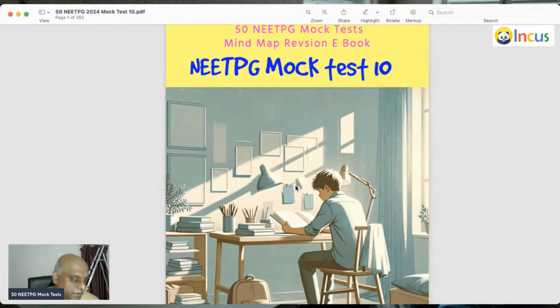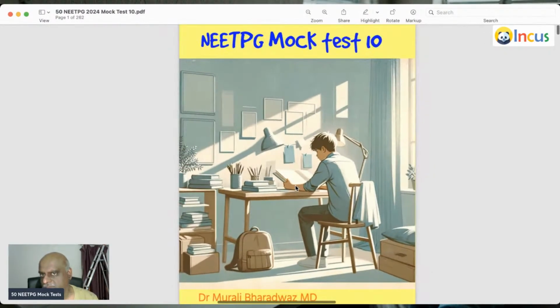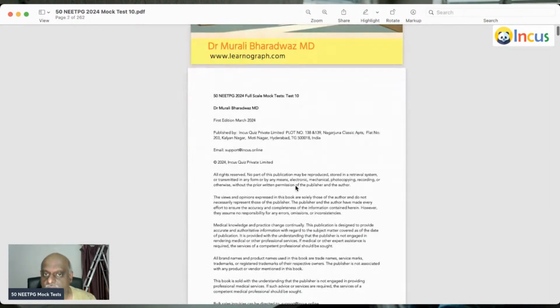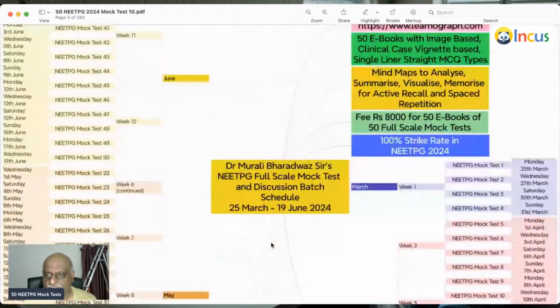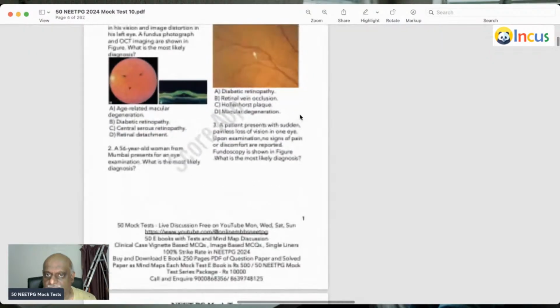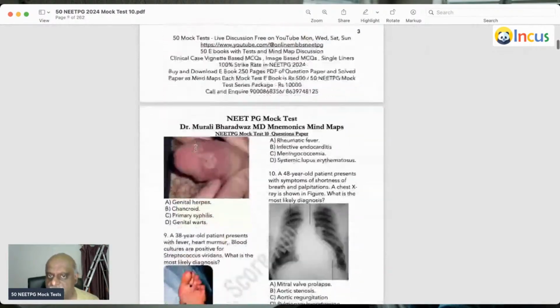Now, once you download the NEET PG mock test from learnograph.com, you have the schedule, as you can see. After that, you have the question paper. This question paper, I send you in the WhatsApp group before only. Try to solve it.